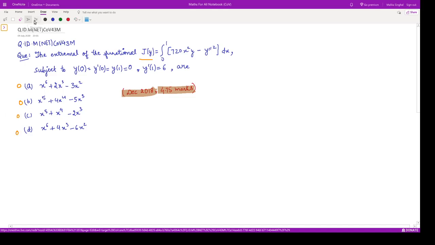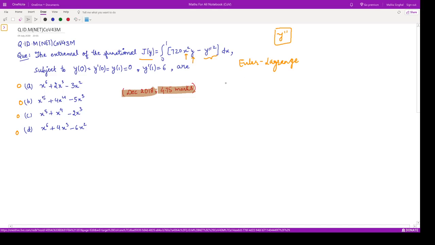What is different in this question is that it contains higher order derivatives. You can see that y double dash is appearing here. So the Euler-Lagrange equation in that case is slightly modified. Say x is the independent variable and y is the dependent variable.